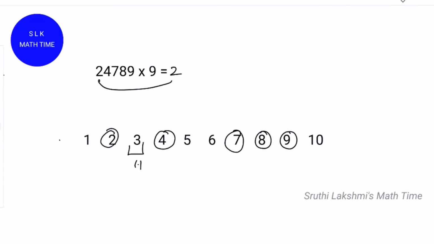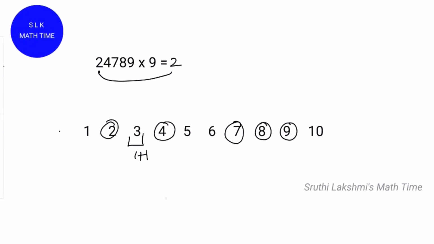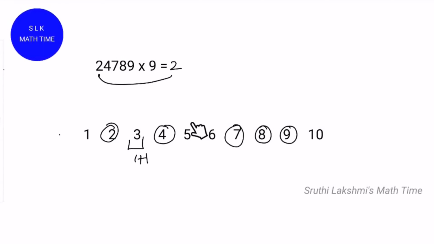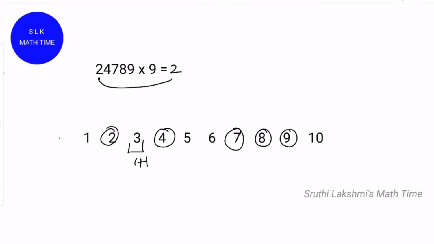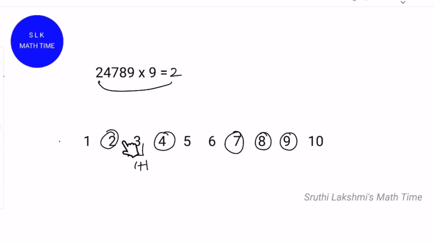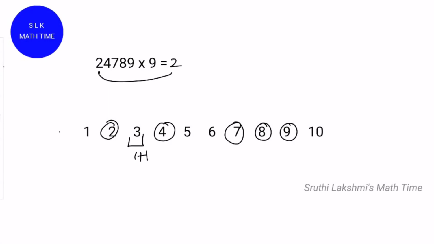So we add 1 plus 1. When we multiply a 4-digit number by 9, we add plus 1 to the second digit and plus 1 to the third digit. When we multiply a 5-digit number by 9, we add plus 1 to the second digit, the third digit and the fourth digit.